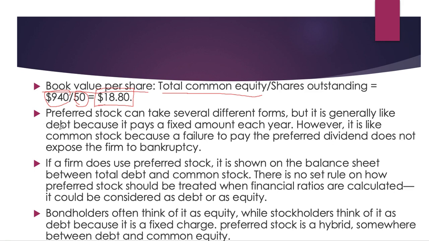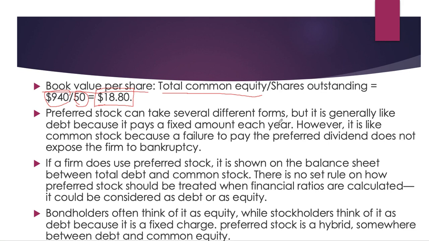There are some notes here. Preferred stock can take several different forms, but it is generally like that because preferred stock pays a fixed amount each year. However, it's like common stock because a failure to pay the preferred dividend doesn't expose the firm to bankruptcy.